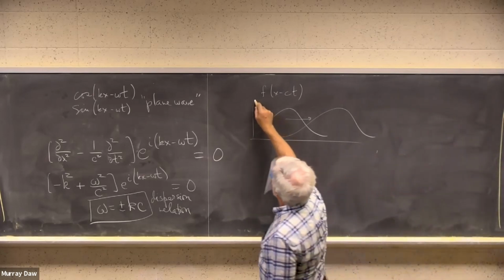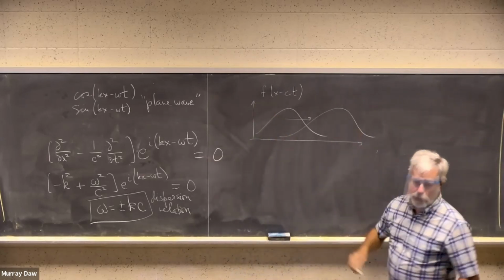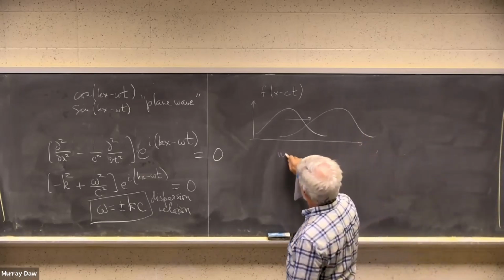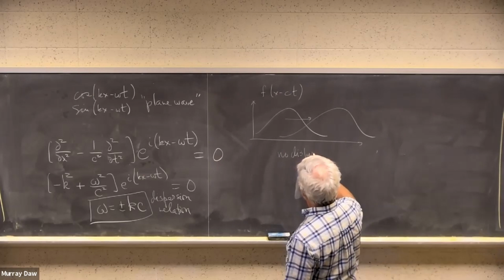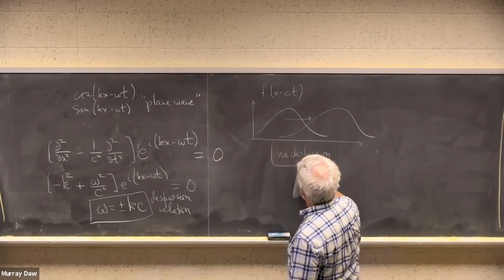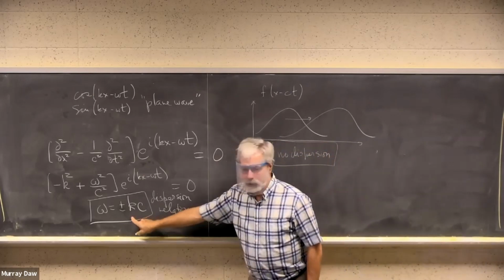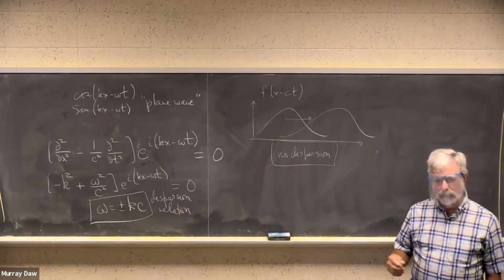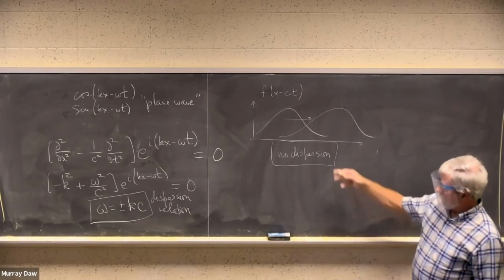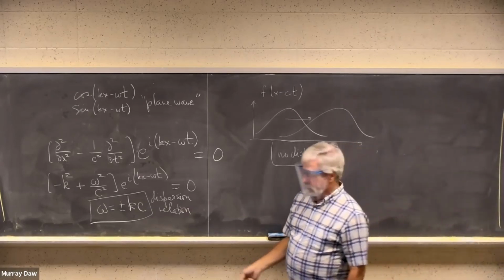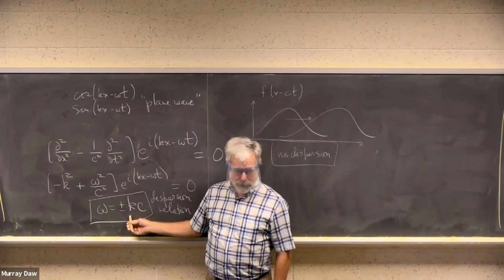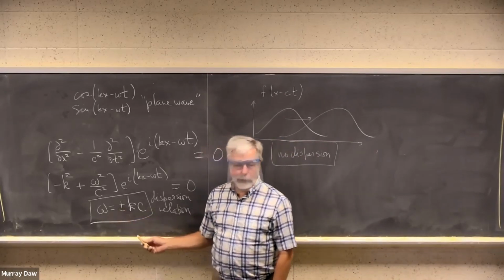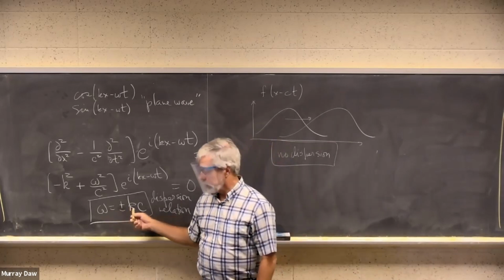Okay, so this is called dispersionless propagation. So there's no dispersion. This particular wave equation has no dispersion. That means there's a linear relationship that we wrote down between frequency and wavelength.